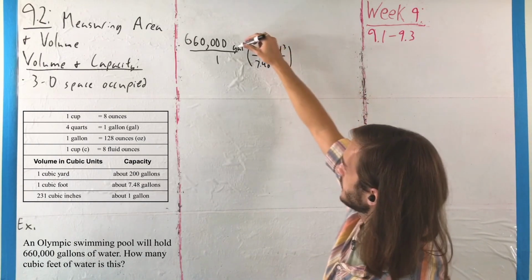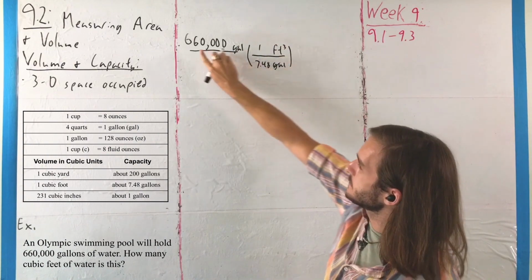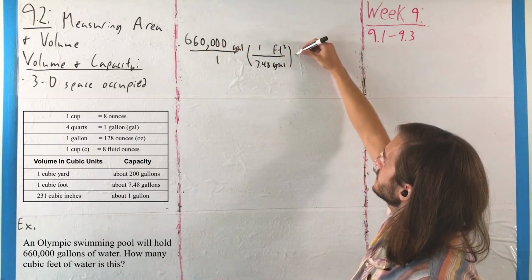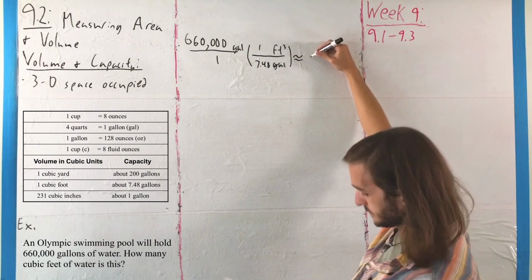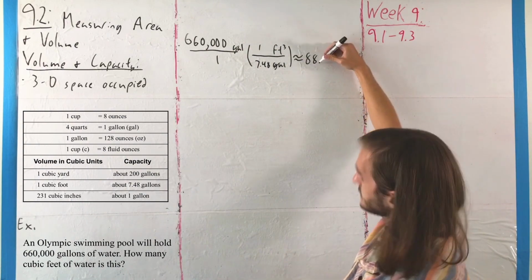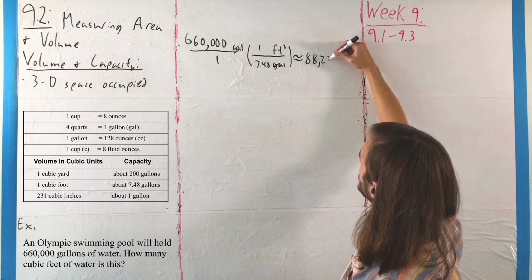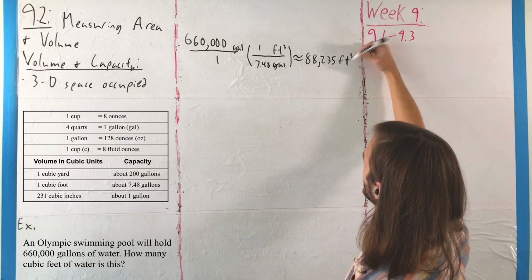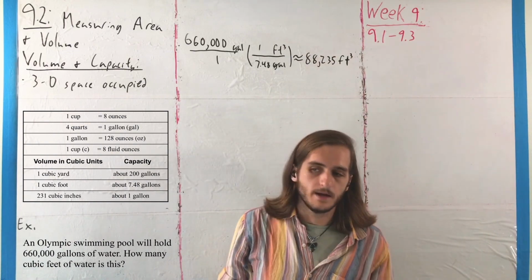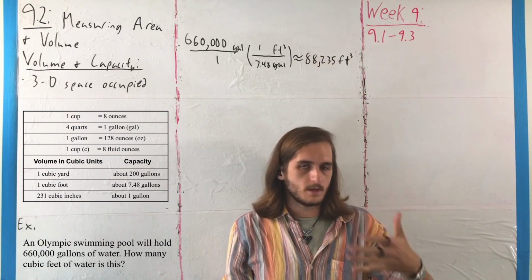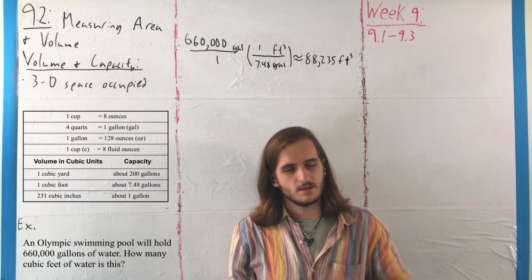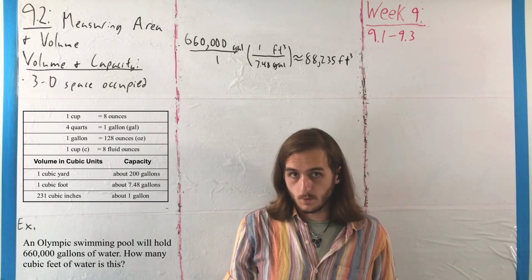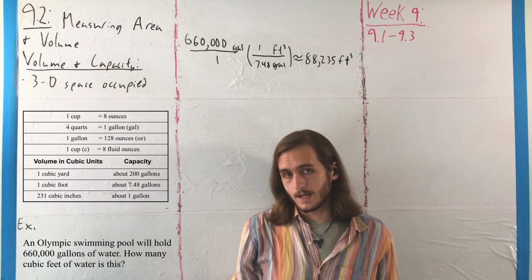So we would cancel out our gallons and divide 660,000 by 7.48 to get that this would be approximately 88,235 cubic feet. If you look this up online, you'll probably find that the value there is closer to 88,000 exactly. It varies maybe a tiny bit based on small changes or what you want to round to, but this is about where you should end up.